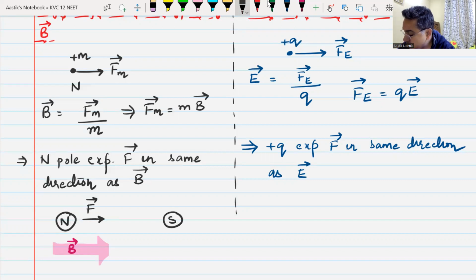If I have a South Pole and I have the magnetic field in this direction, the south pole will experience force in the opposite direction.